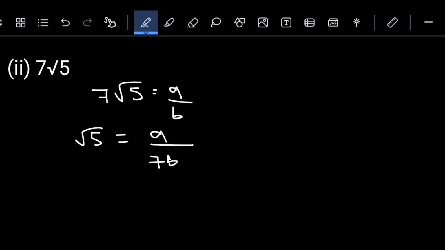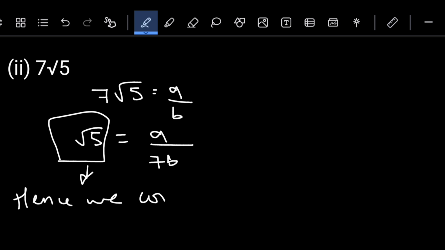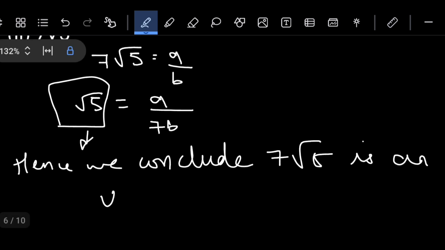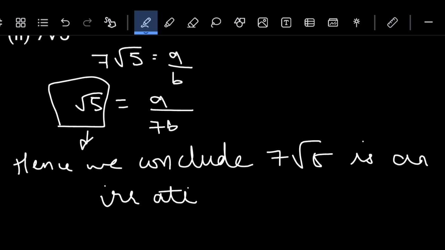So root 5 is also a rational number, but this contradicts the fact that root 5 is an irrational number. Hence we conclude 7 root 5 is an irrational number. Understood? Any doubts?